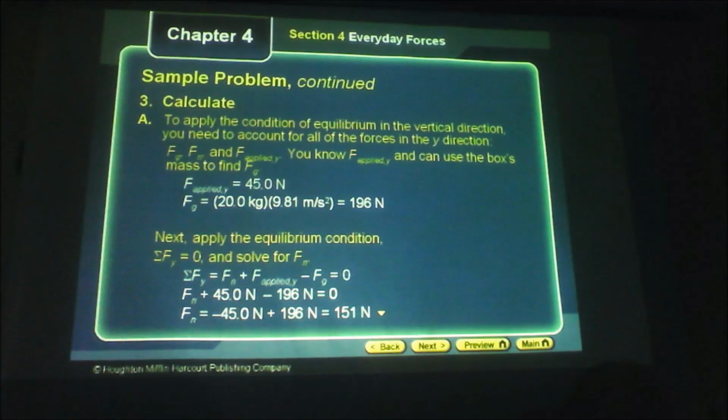The summation of the forces in the y direction is the normal force plus the applied y force, minus the force of gravity, and they must add up to 0. We don't know the normal force yet, but we do know that the applied force we calculated was 45 newtons. We subtract the force of gravity of 196 newtons, and we find that our normal force must be 151 newtons.